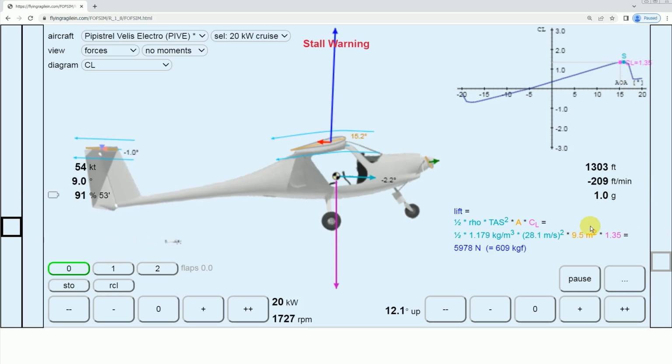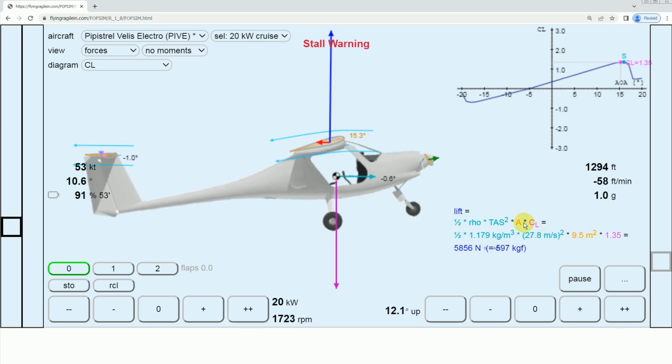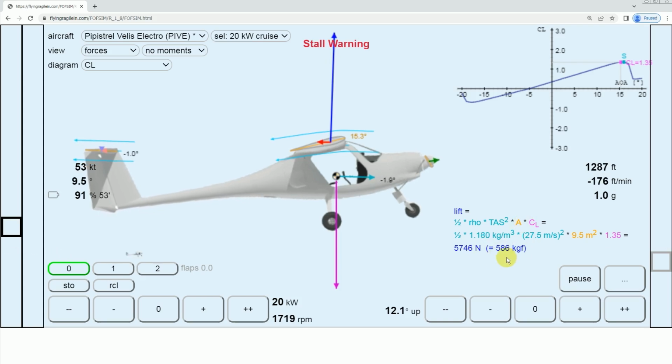Now we have a higher CL and a lower airspeed than before. Together they give us the same lift as before, about 600 kilogram force. Now lift and weight are in balance again. But now we are in a descent. How did that happen?